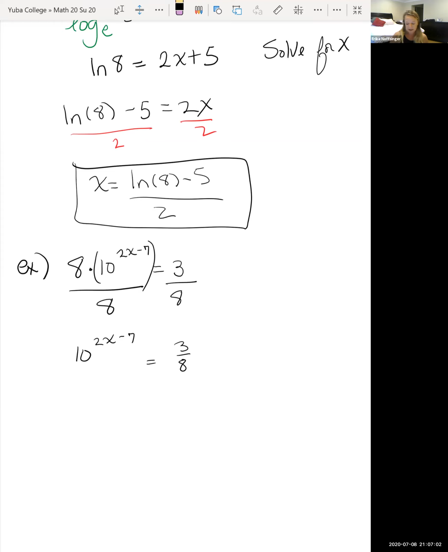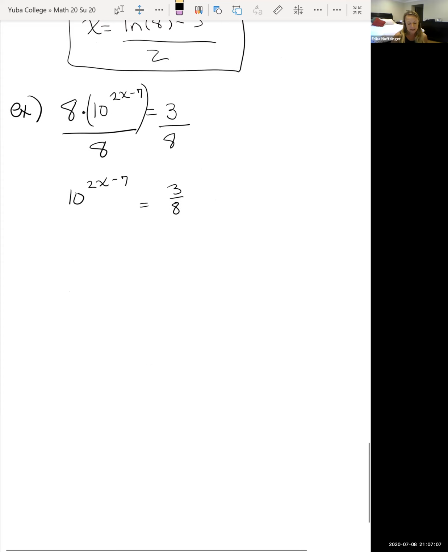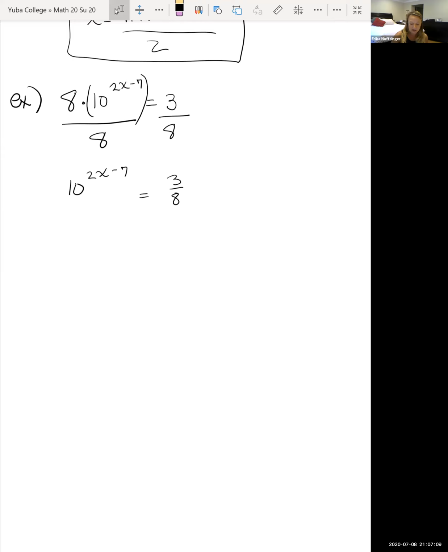Okay, so putting this in logarithmic form, the base is 10. And so I know this is just going to be a log. I don't have to write my base 10. My answer is the exponent. So that is the 2x minus 7. And this is what I'm taking the log of, 3/8.